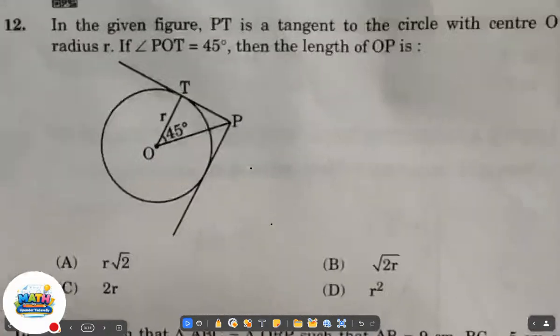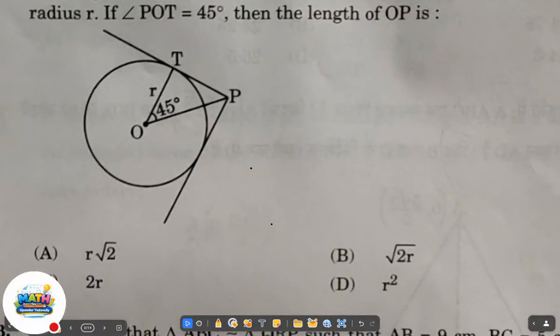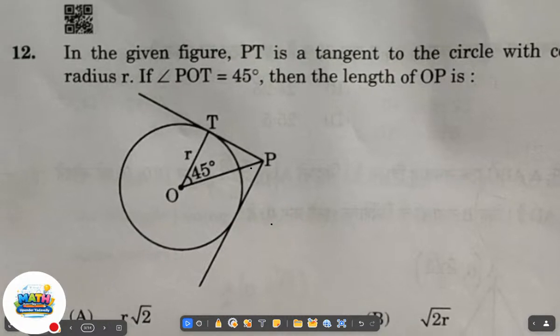Yes, here angle at T is 90 degrees. Angle between the tangent and radius is 90 degrees.